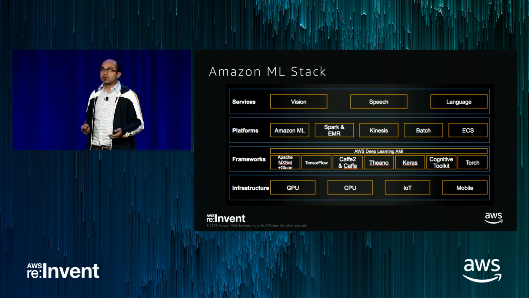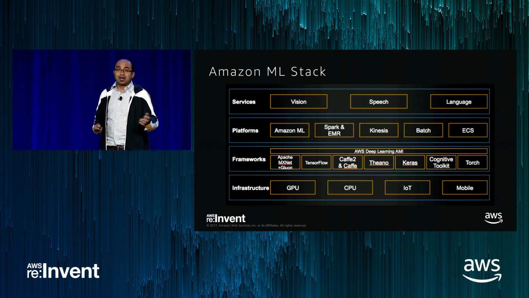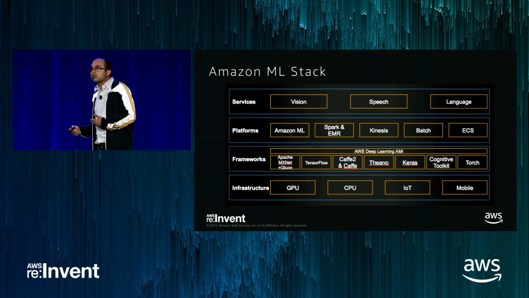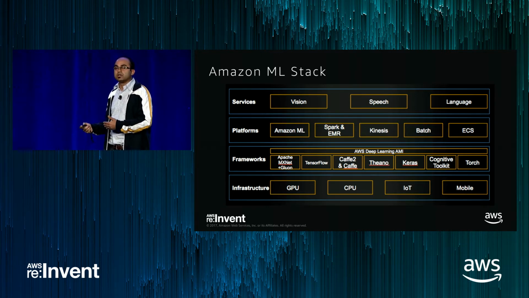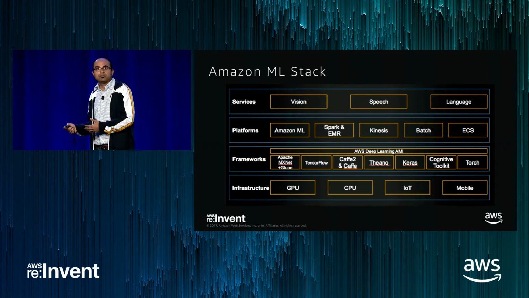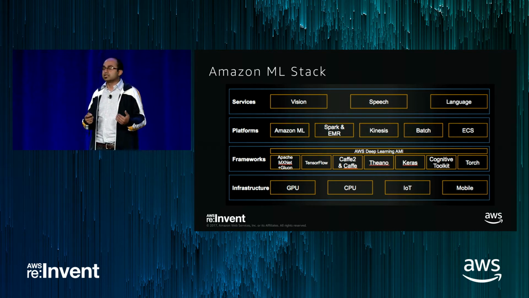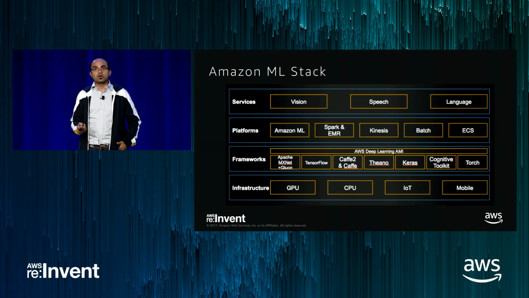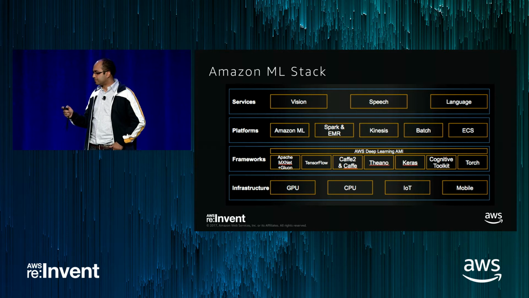You have TensorFlow, Caffe, NumPy, SciPy, all those libraries actually get packaged, so you don't need to go through the hassle of setting this up. So in less than a couple of minutes, you should be able to get machines spun up. And we have CloudFormation templates available as well to set up your training cluster.